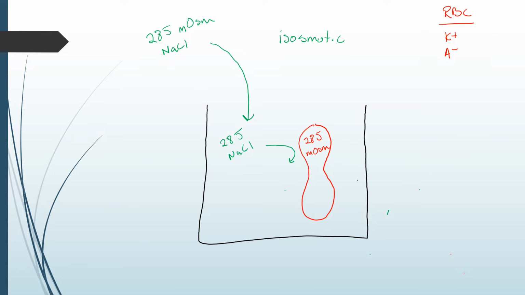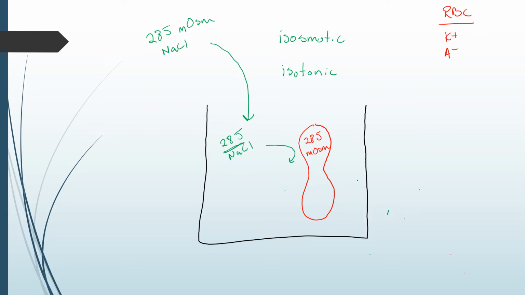And the answer is no. In fact, I have equal amounts, 285 inside and outside of the cell, of impermeant solutes. And so there's no net movement of water in this situation. And so since nothing is going to occur to the red blood cell, we refer to that as isotonic.